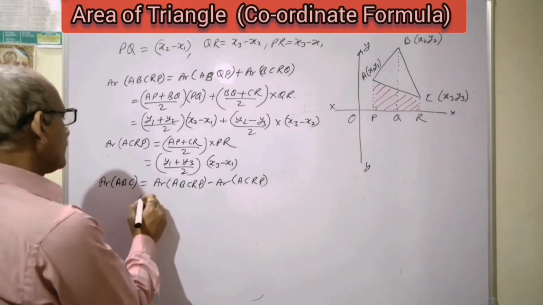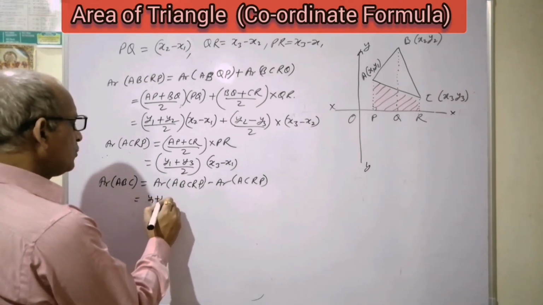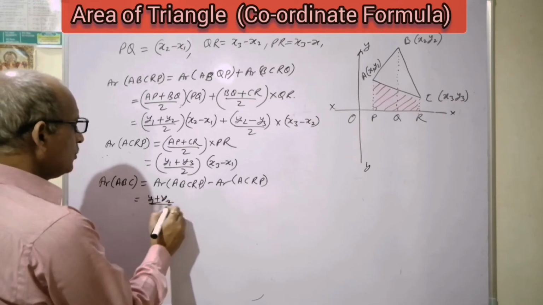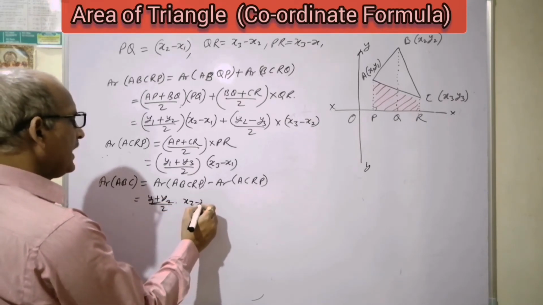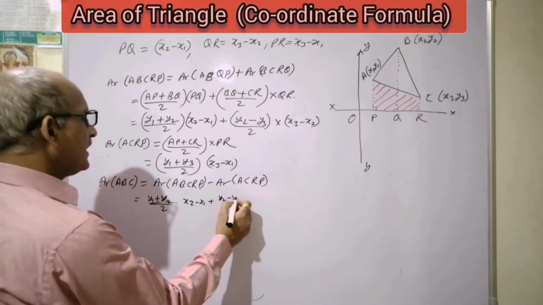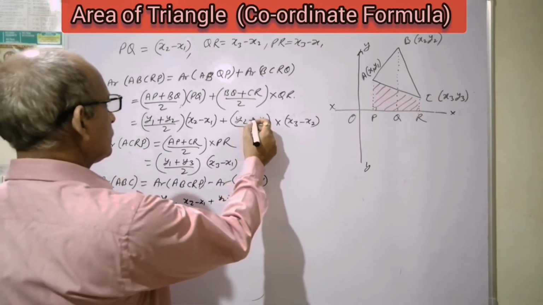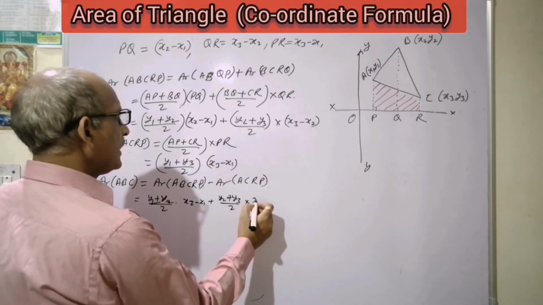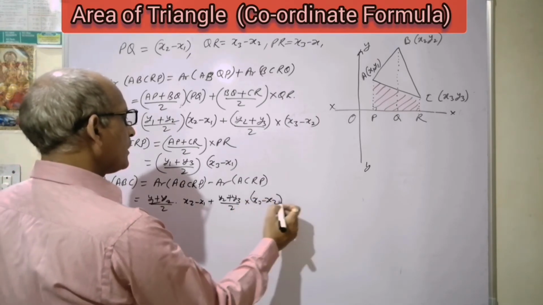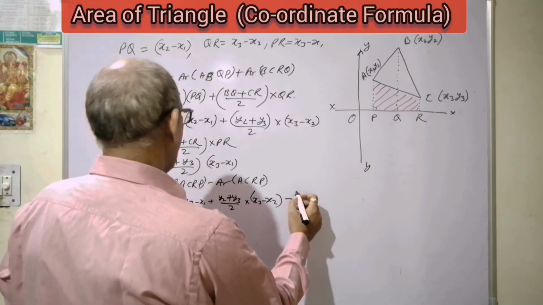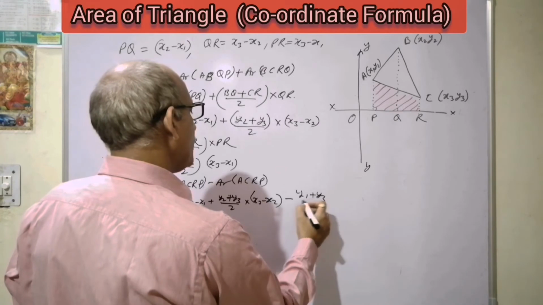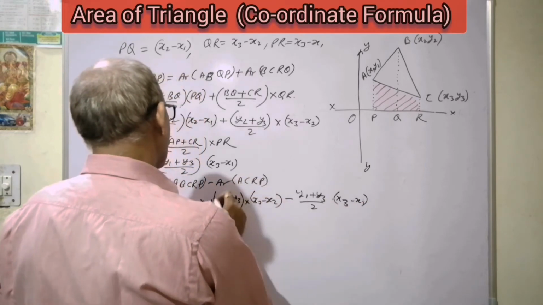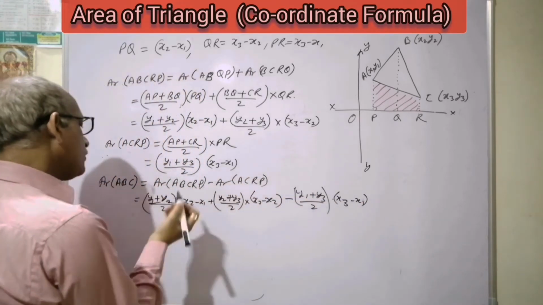So we will now have (y1 plus y2) upon 2 into (x2 minus x1), plus (y2 plus y3) upon 2 into (x3 minus x2), minus (y1 plus y3) upon 2 into (x3 minus x1). So we can take 1 by 2 finally common.